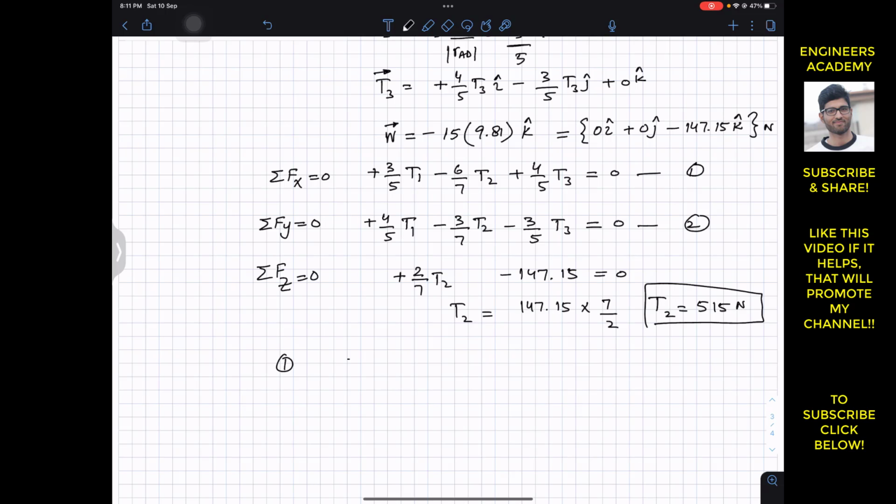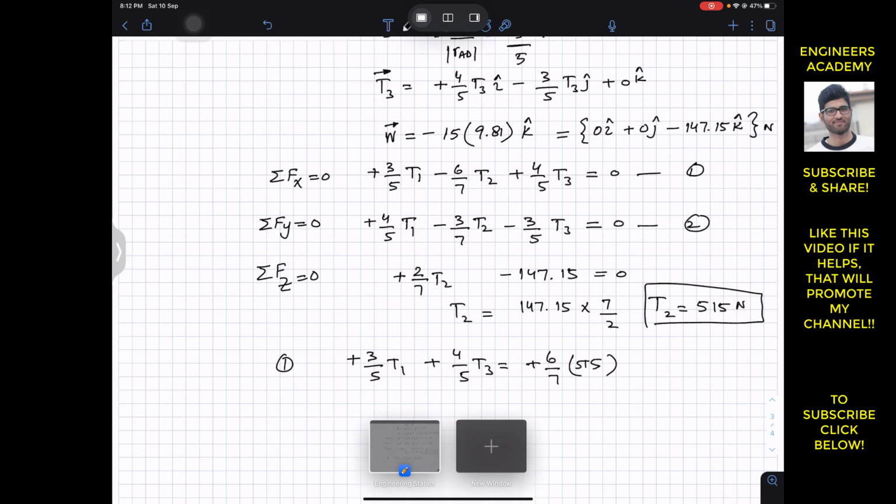So from equation 1 we can write that this is 3 divided by 5 T1 plus 4 divided by 5 T3, and if we bring this T2 term to the other side of the equation, we will have plus 6 divided by 7 T2, and now we know the T2 value, so let's put that T2 value, which is 515 newtons.